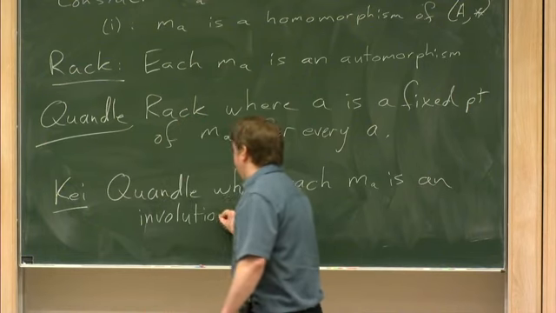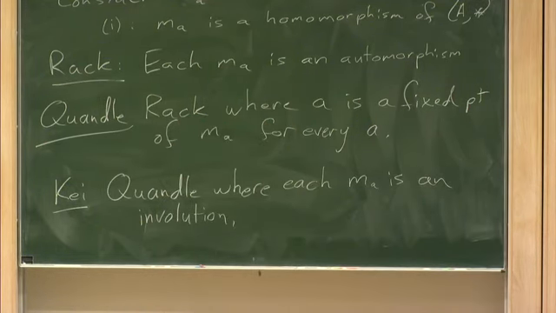Yes, it's Japanese. It can either mean an edge or it can mean a scepter, like a royal thing. Keis were named by Takasaki in a paper from 1943. It's written in Japanese. Not only that, it's written in classical Japanese, so even Japanese people have difficulty reading it.